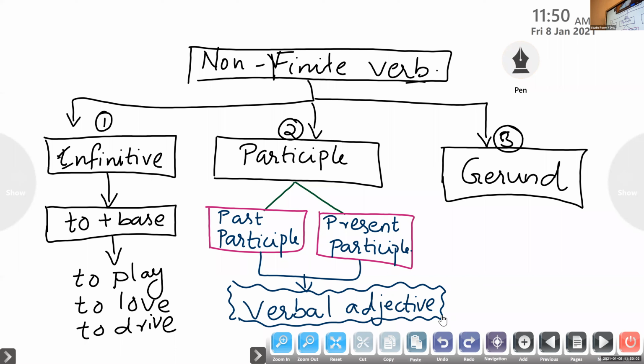Why is it called a verbal adjective? It is in the form of, or looks like, a verb, but it acts like an adjective in a sentence. Okay, I'll give you examples. You please complete this. I'll give you enough and more examples.